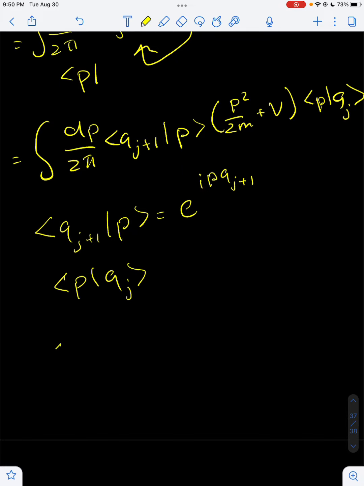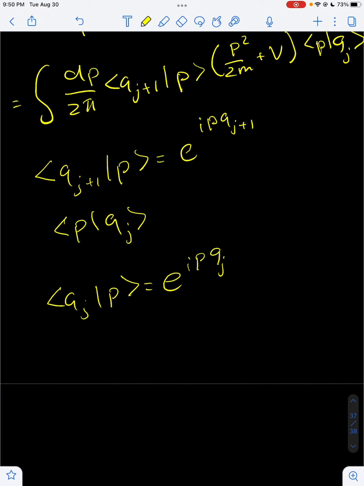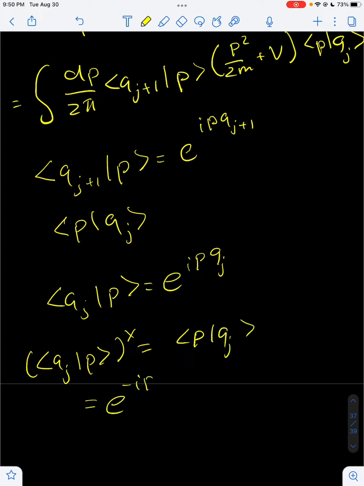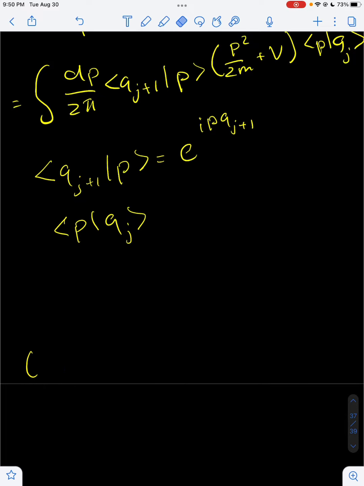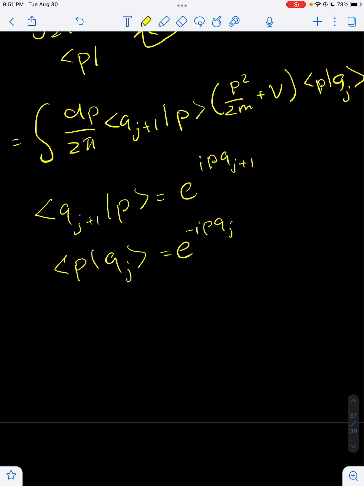Well, since <q|p> is e to the i p q, we know that the complex conjugate of this is <p|q_j>, so that's going to be e to the minus i p q_j.